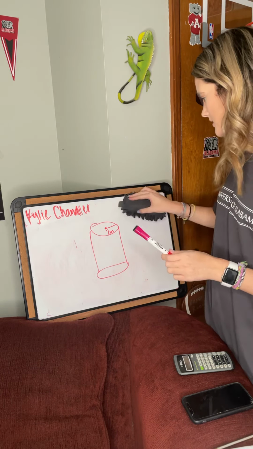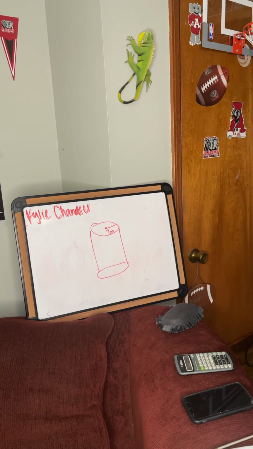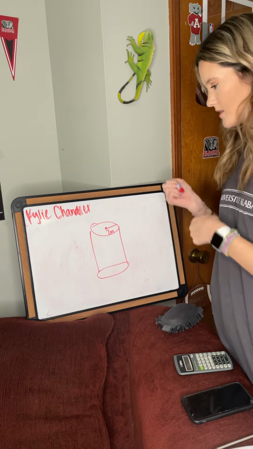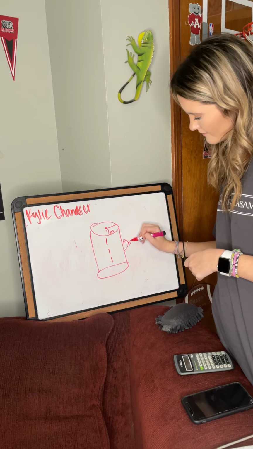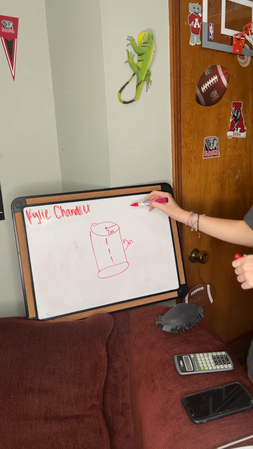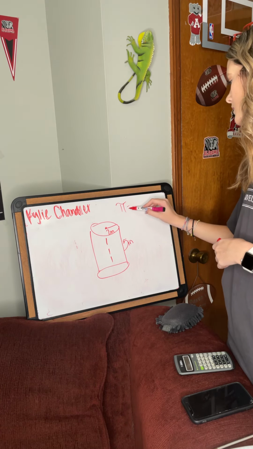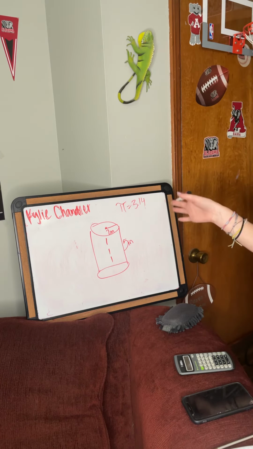So we'll use this later. Anyways, we have this, and then we're gonna make it a height of 5 inches. And remember our formula, pi is understood 3.14. So we're gonna start off with pi r squared.